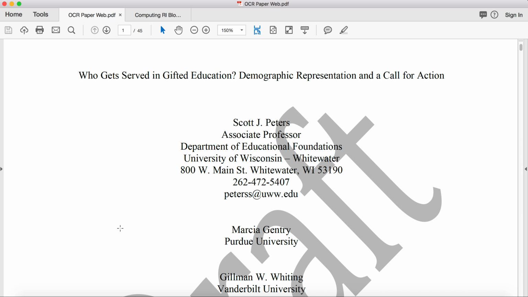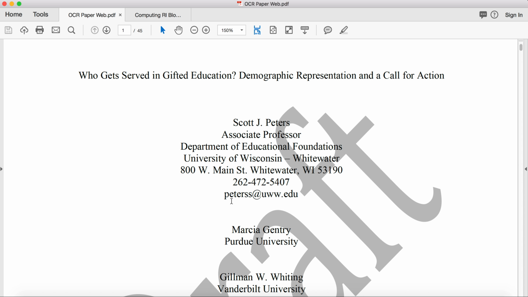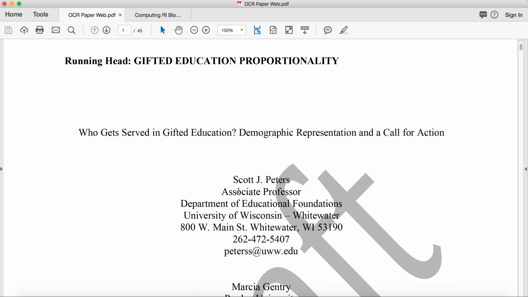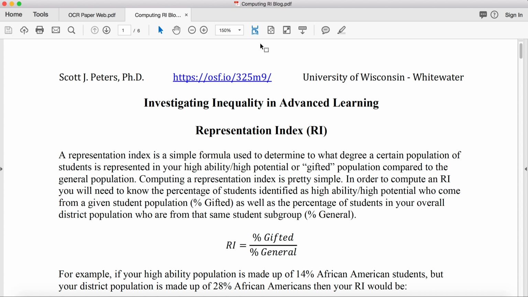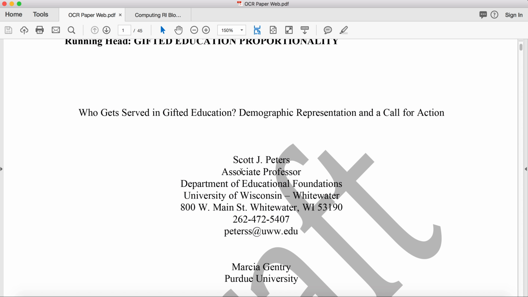So I bring this up because once you look at these OCR data and want to know, okay, well, what do we do next? I'm just throwing this article up online at that link that's on the handout right here, in case you want to get some ideas for where to get started. And of course, there's a lot of people that are doing work in this area. I just throw this up here because it's kind of like a lit review of some programs that work.